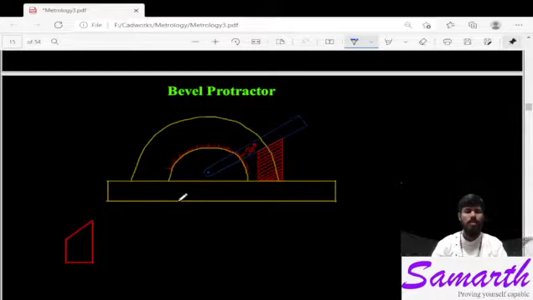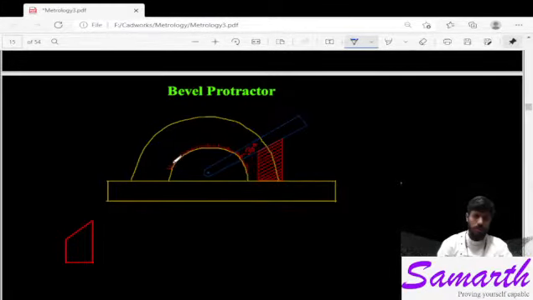This is the second instrument, known as the bevel protractor. It is very similar to the protractor in the compass box from school. You may have used it earlier. You just have to keep your workpiece, this red colored hash portion, which is our component, on this horizontal surface, and match the probe-like structure, this blue colored stick, with the inclined surface of the component.